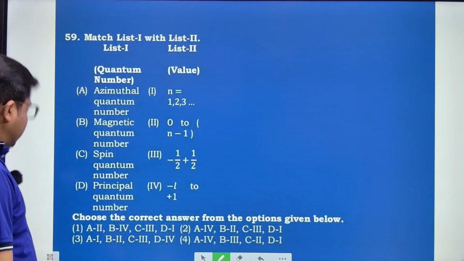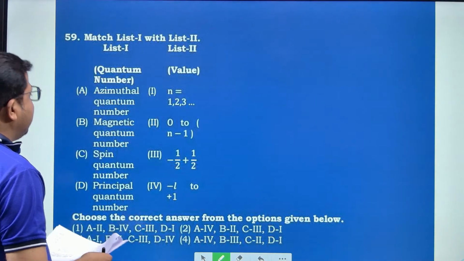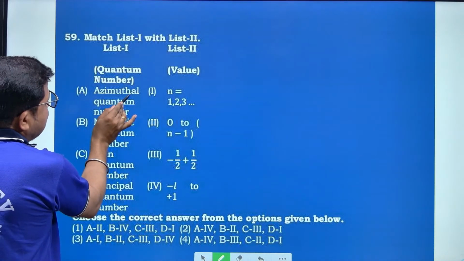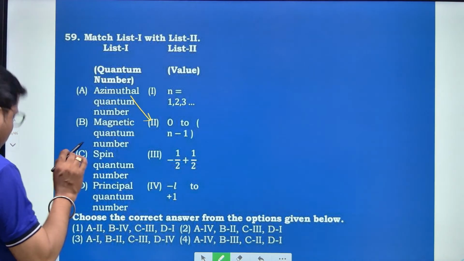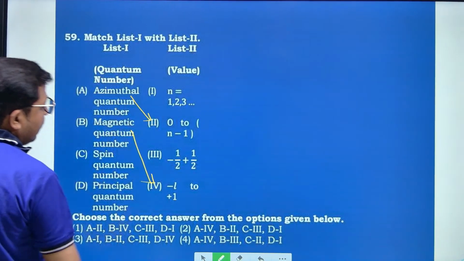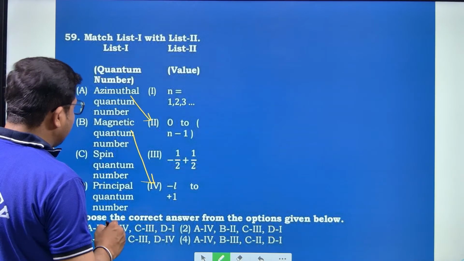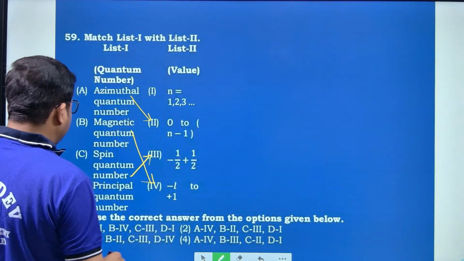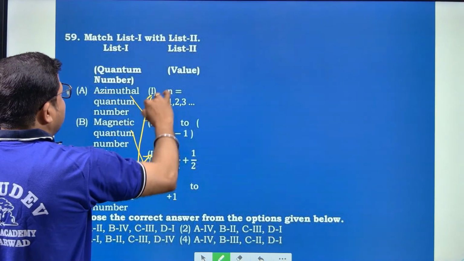Match the following. See here, in the 59th question they have given quantum numbers and their values. So azimuthal quantum number directly matches with number 2, while magnetic quantum number matches with option number 4, and spin quantum number matches with D with option number 1.